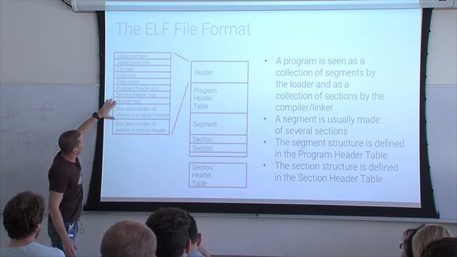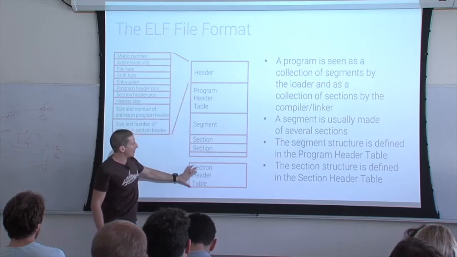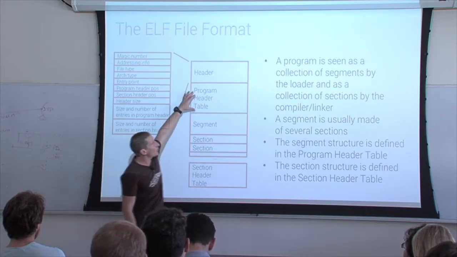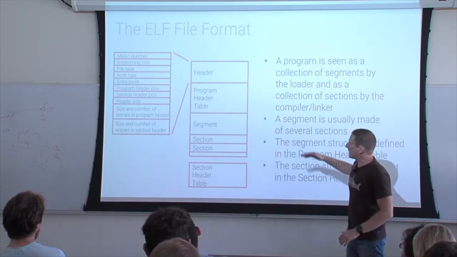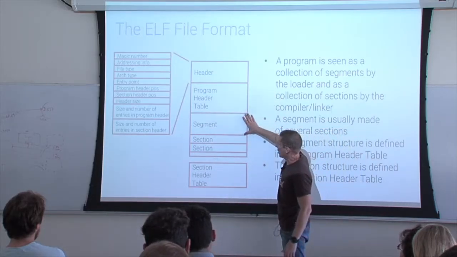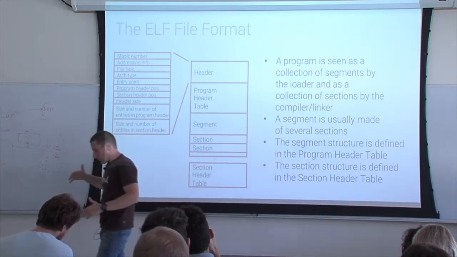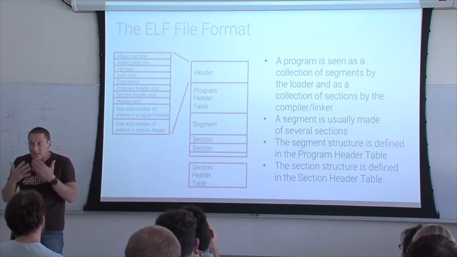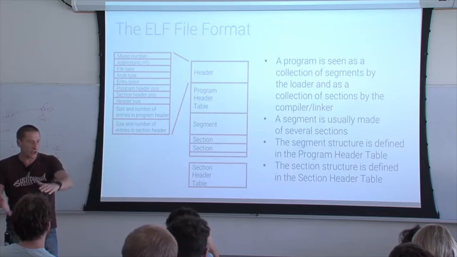And then fundamentally, you have two headers, the program header table and the section header table. The program header contains a list of segments, which is how the loader fundamentally sees the file to be loaded in memory. So this chunk goes here, this chunk goes here.